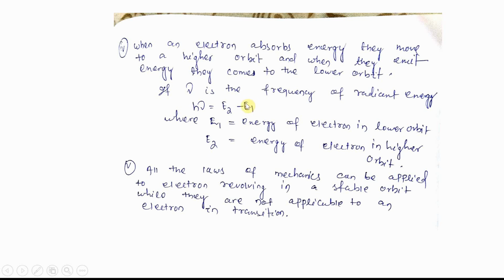When an electron absorbs energy, it moves to a higher orbit, and when it emits energy, it comes to the lower orbit. Suppose the electron jumps from the second to the first orbit, and nu is the frequency of the radiant energy, then the energy released becomes h nu equal to E2 minus E1.